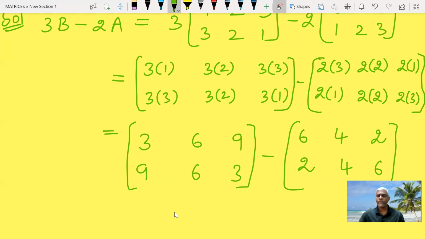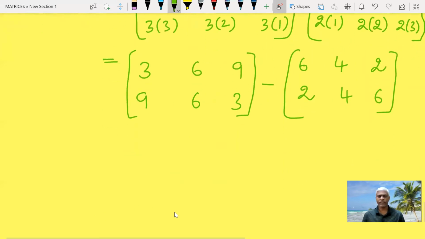Now we have to subtract two matrices. So subtraction is almost similar to addition. Subtract the corresponding elements. So 3 minus 6.